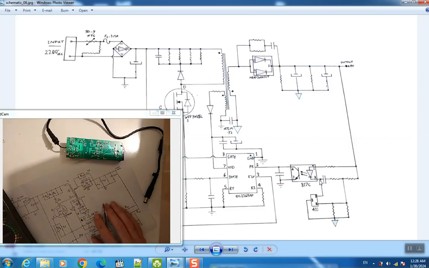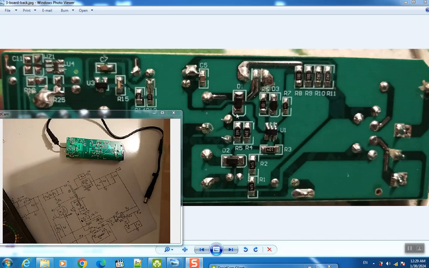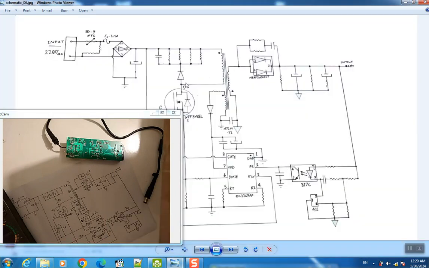Consider this diode D1, which is near the pin D of the MOSFET. This must be this one.